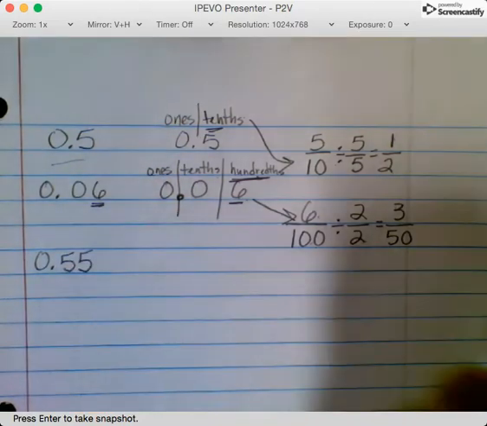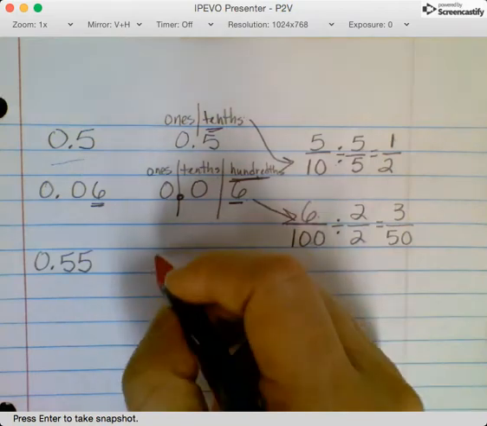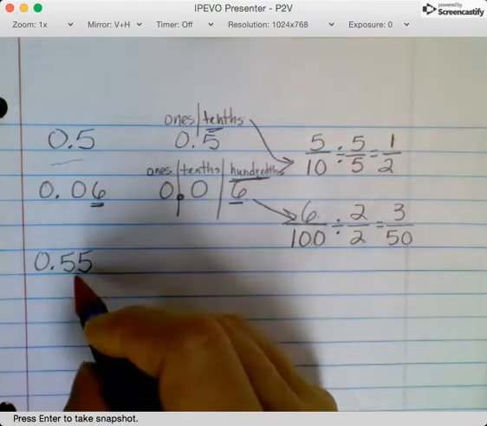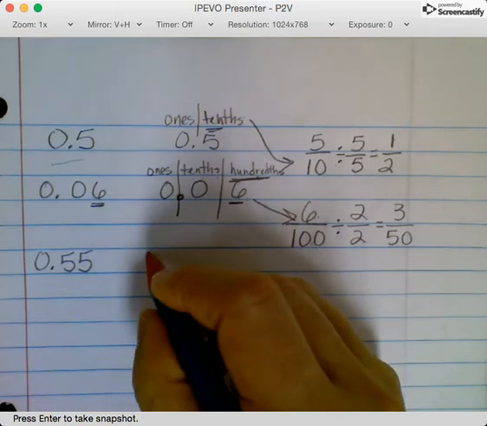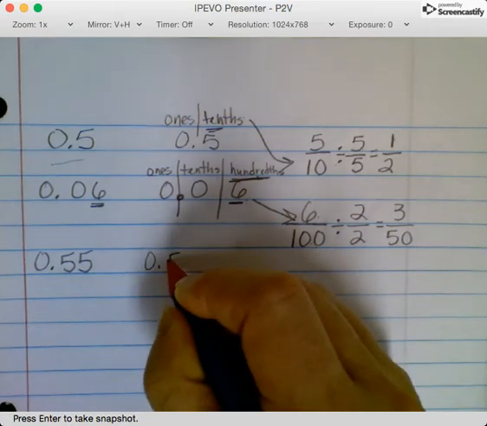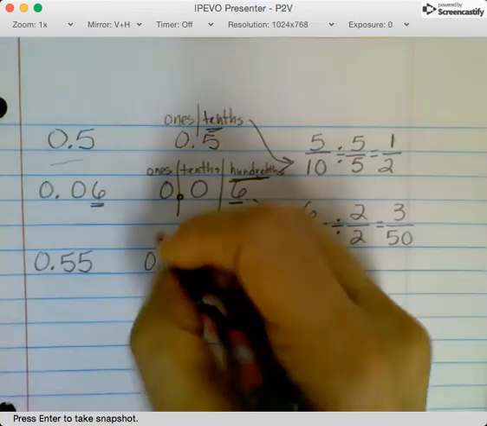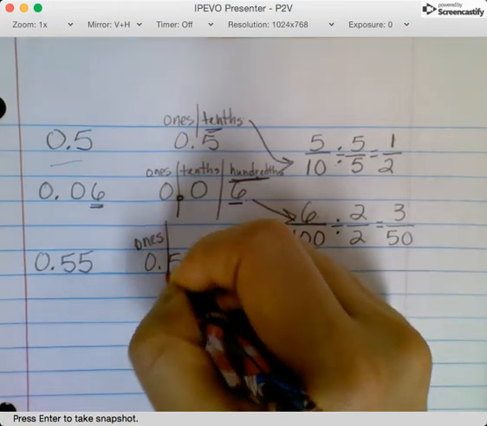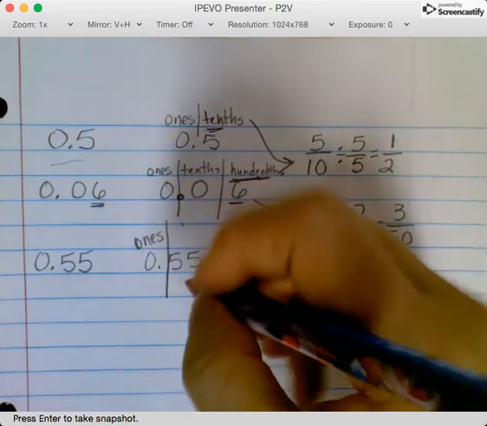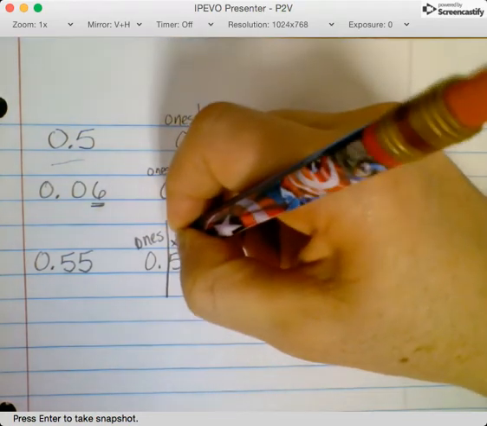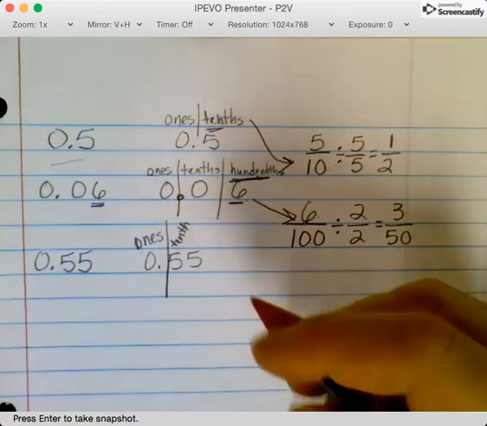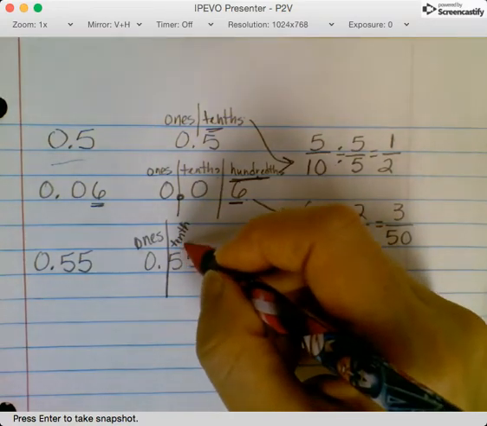0.55 or 55 hundredths. Again, if we use the place value chart, the 55, and you can also go by the way you say it. You would say 55 hundredths. You don't say 5 tenths, 5 hundredths. You say 55 hundredths.